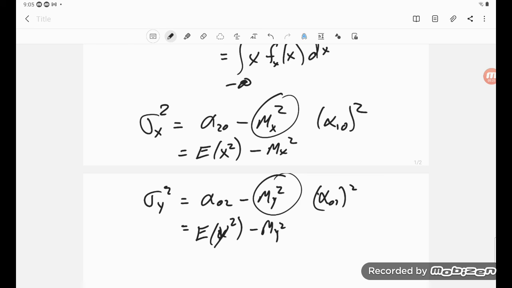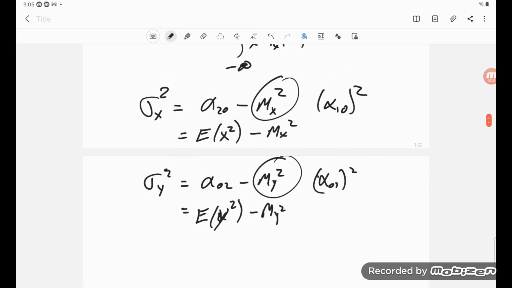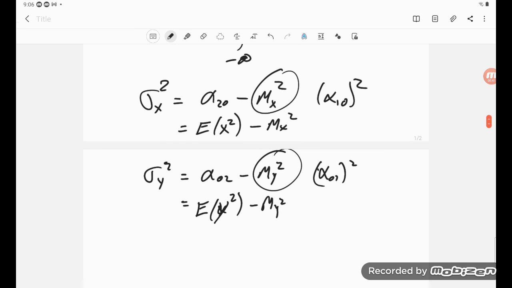Okay, so we have that for the variance of x and the variance of y, even in a joint distribution. Okay, so we'll stop that one there.